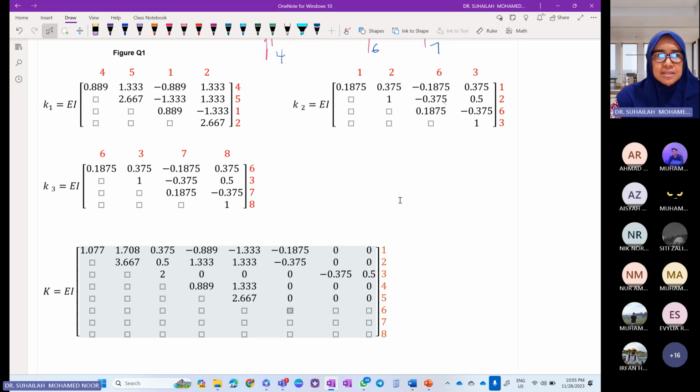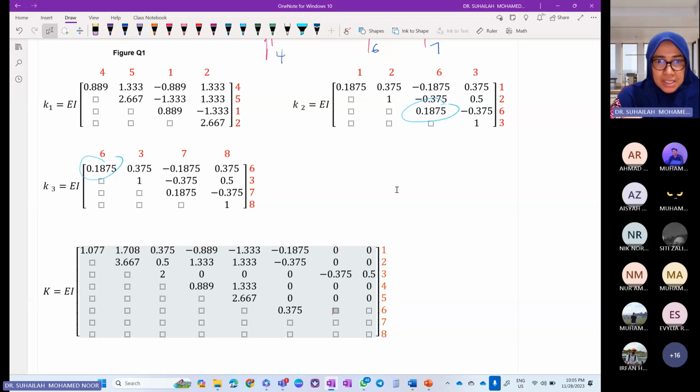And then 6,6. 6,6 you get from this and this. Okay, so the value is 6,6. What is the answer? 0.375.